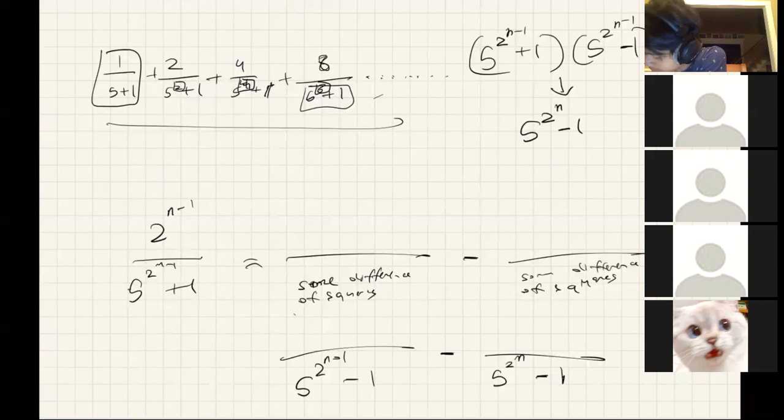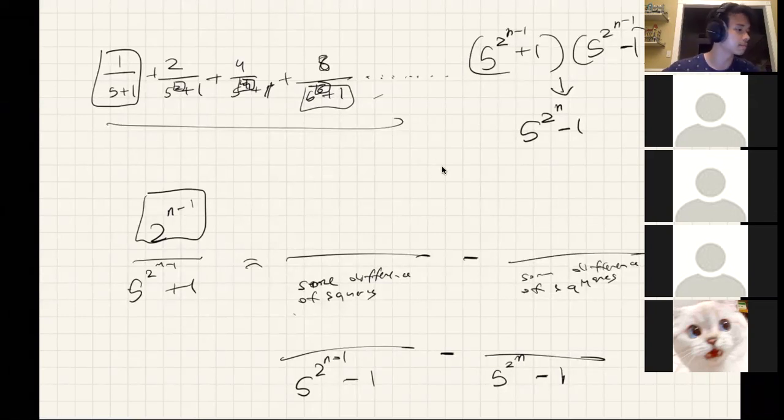What we want to do is create a power of 2 in the numerator.